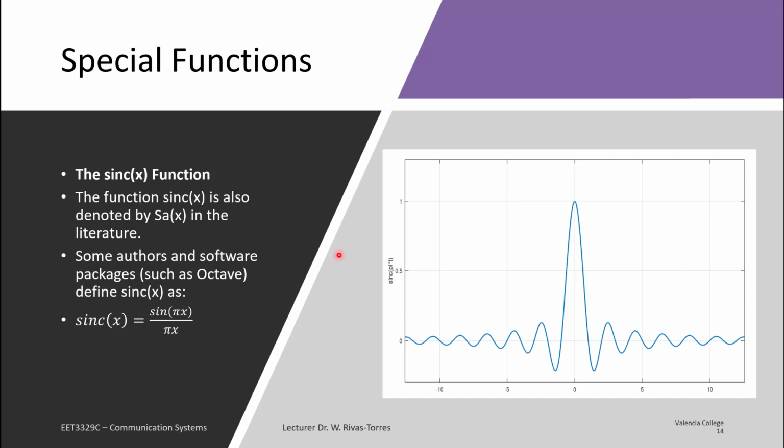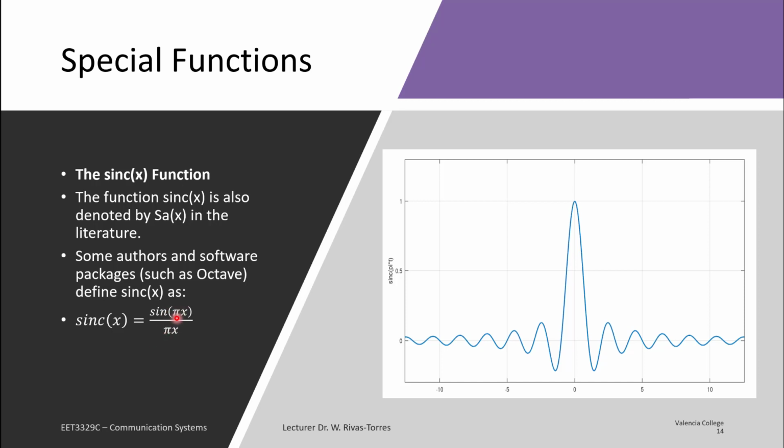Some authors in the literature use Sa of x, which also represents the sinc function. Also, some authors and software packages, such as Octave, and MATLAB does the same thing, define sinc as sine pi x over pi x. So they put the pi in the equation.